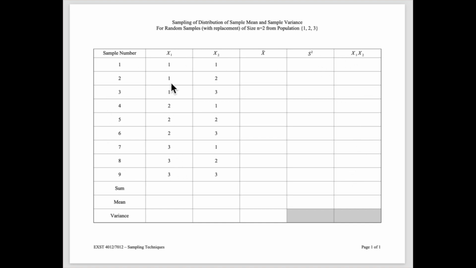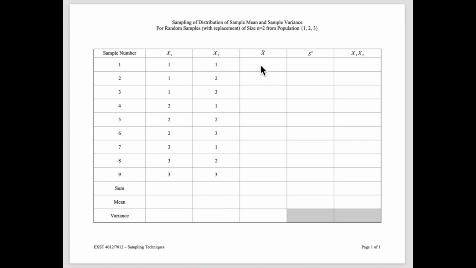What we did was fill in the sample number column, 1 through 9, and then fill in the next 2 columns that contain the values for the 9 possible samples. From there we can calculate some summary information.